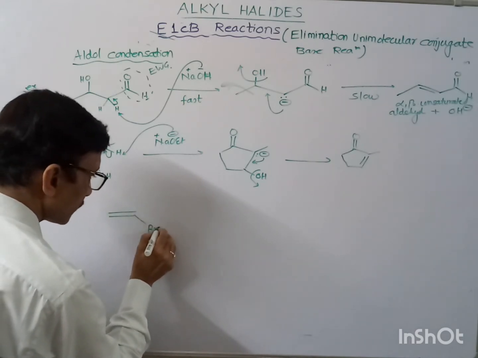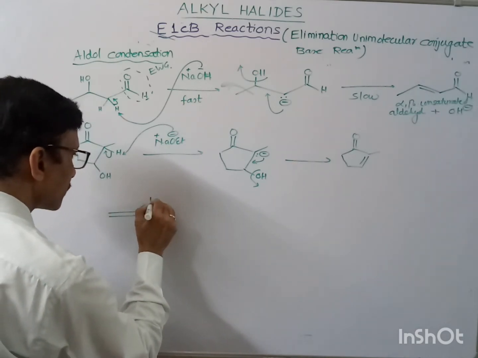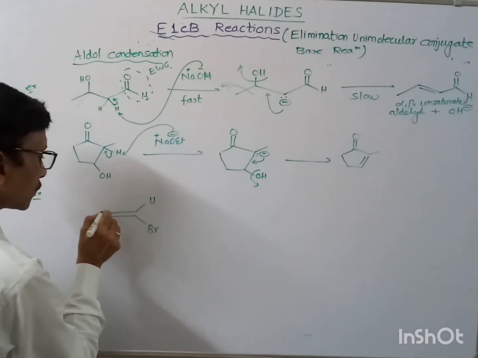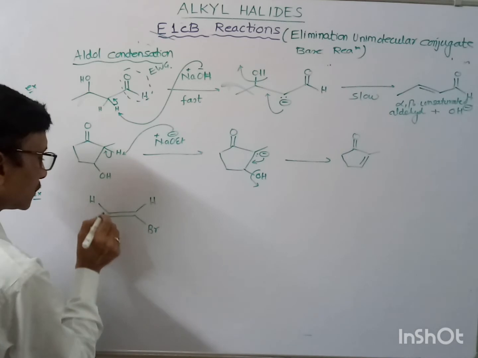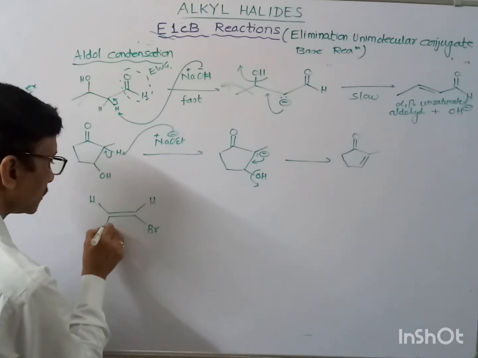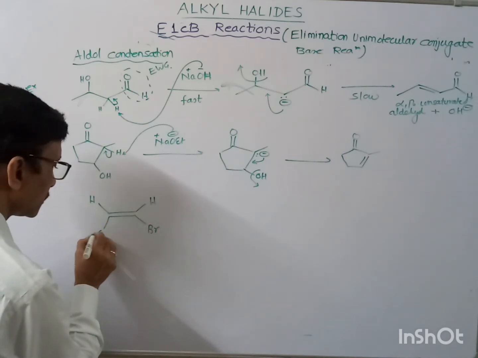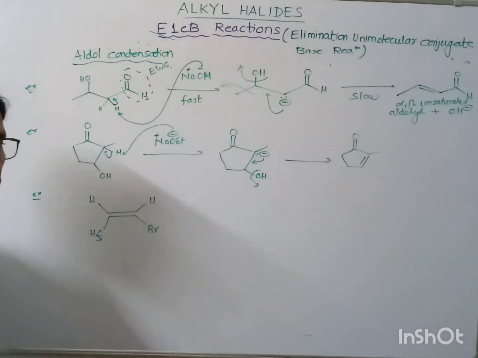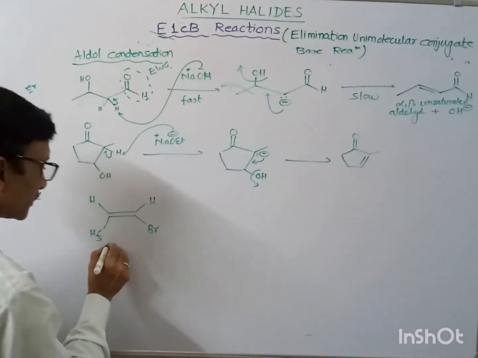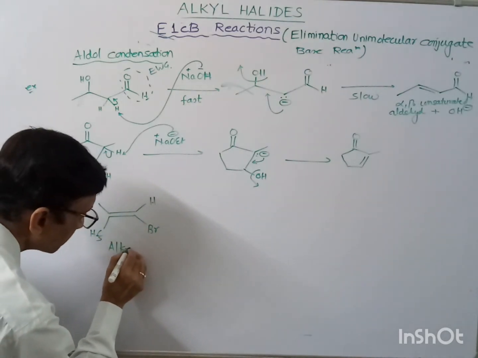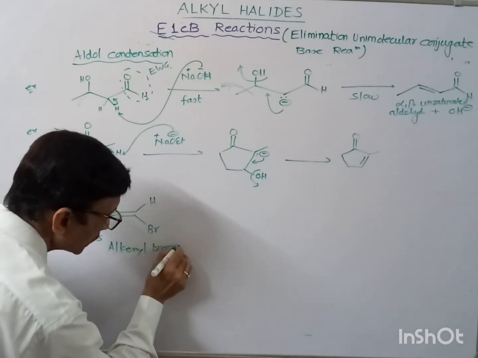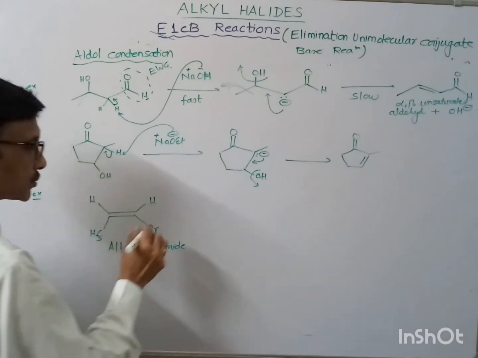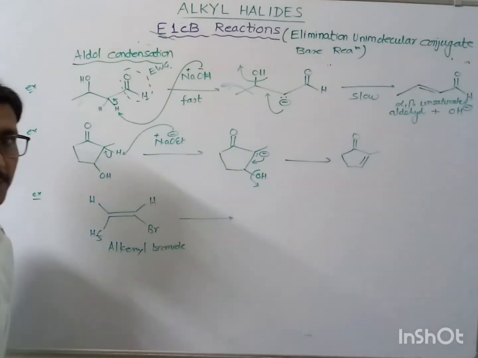Suppose we have this bromine over here, so this is an alkenyl bromide. This also gives the E1cB reaction.